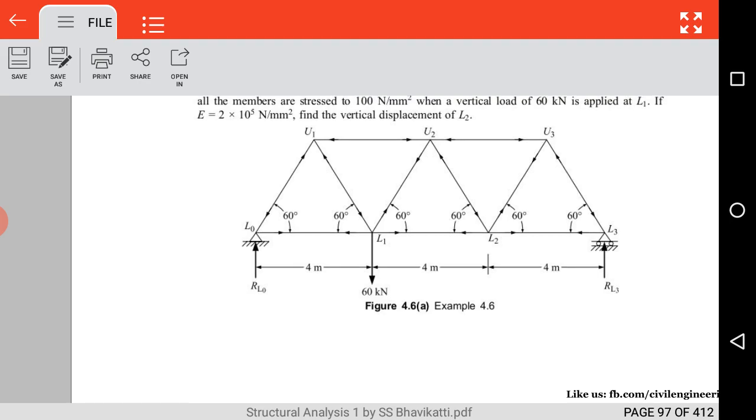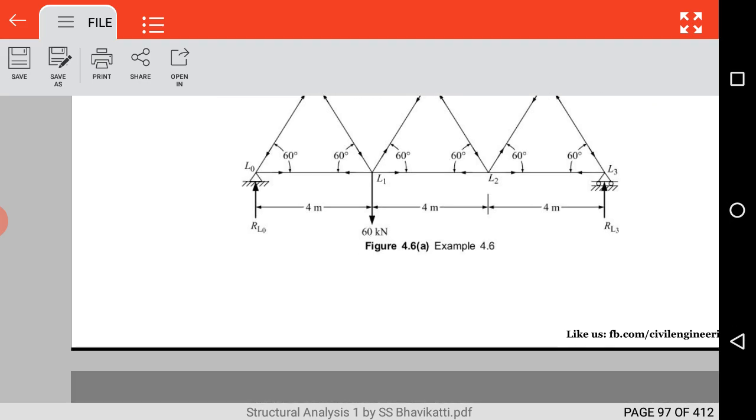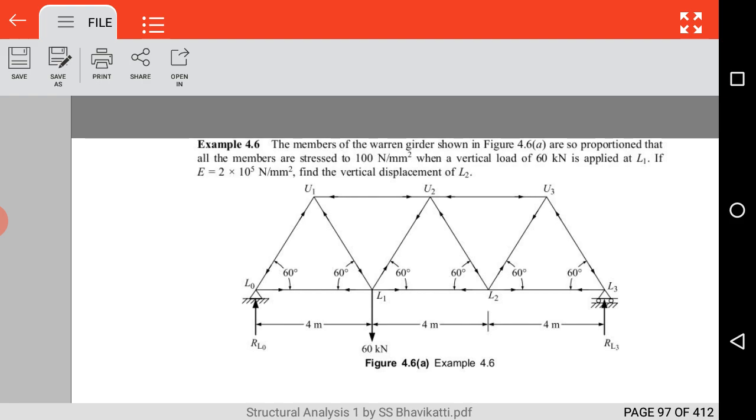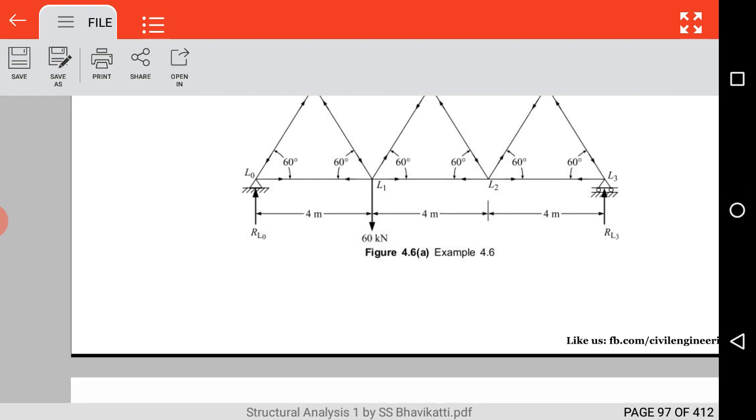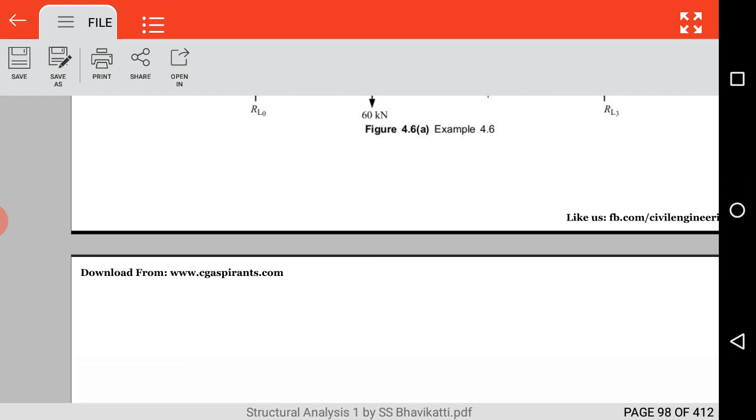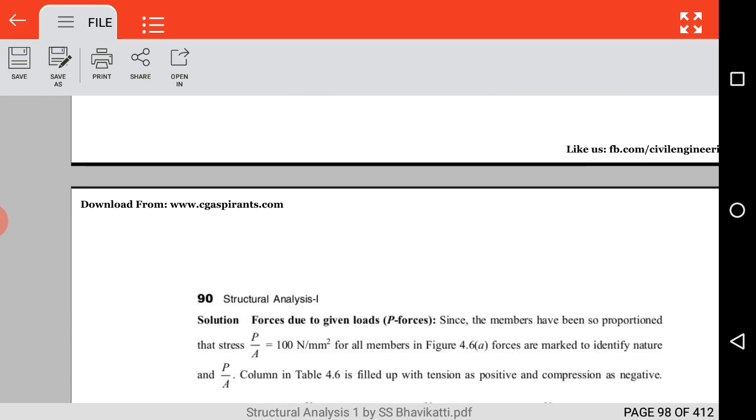So angles are given, lengths are given, so it will be easy for us to take the resolutions of the forces. So for the 60 kilonewton force, the stress is given as 100 Newton per mm square. So stress is given, so we require to calculate the force, that is the P force.